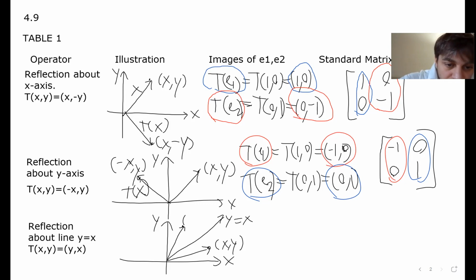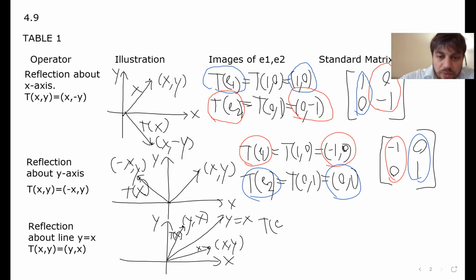Okay, so then that vector is T of x. It's the result of reflecting a vector x about the line y equals x. And you just switch the coordinates of the point.